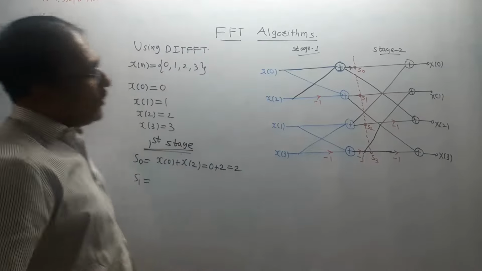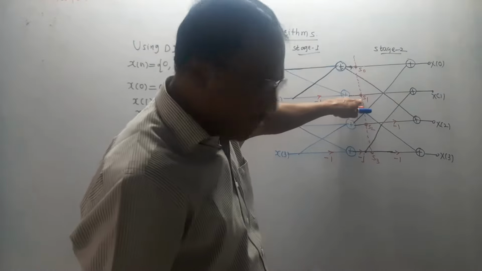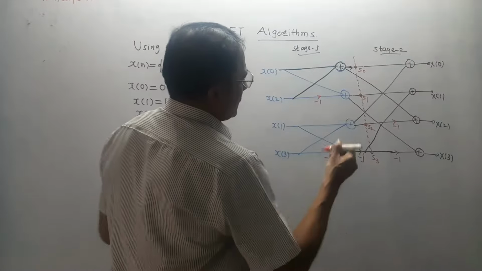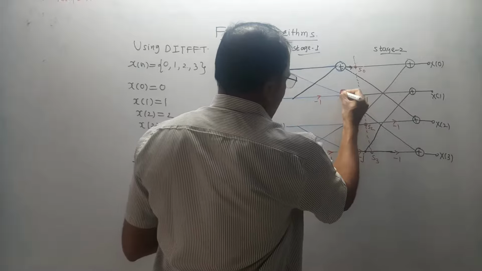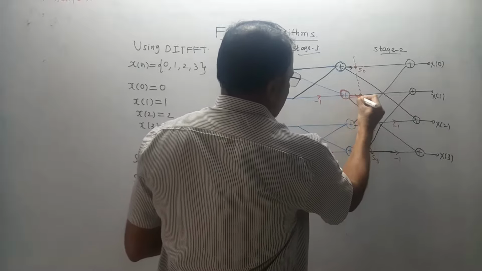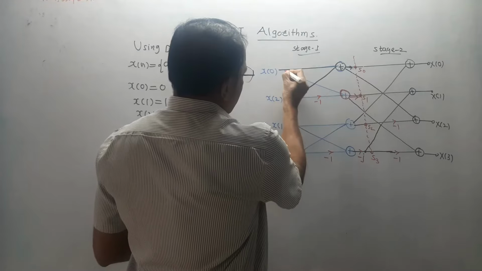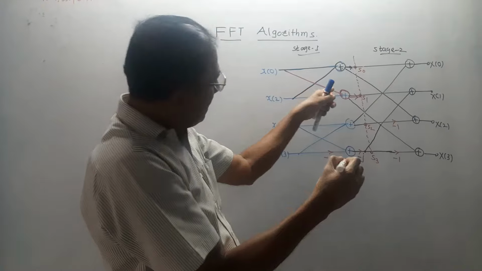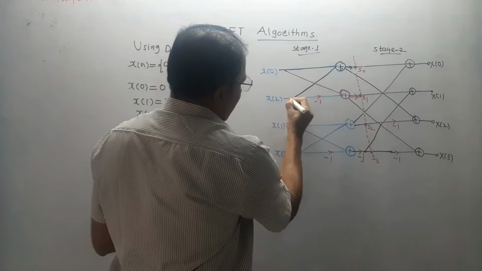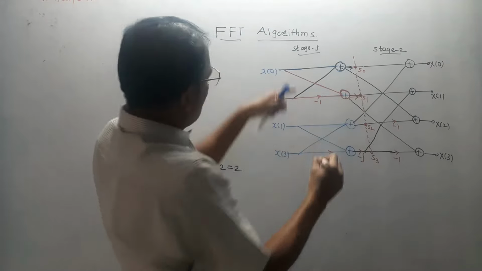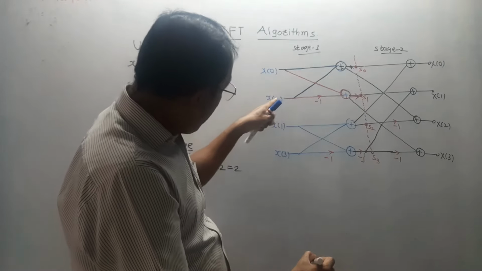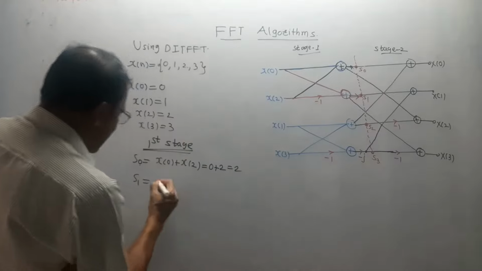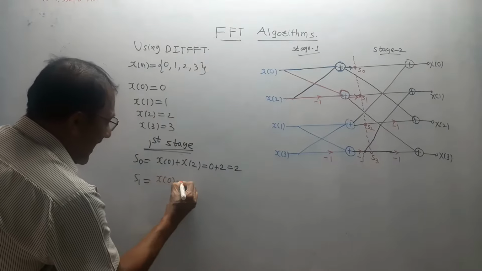Same way, S1. What is S1? S1 is the output of the second adder. Again, for this adder, check the connections. Which lines are connected? I am drawing them with the red pen. This is one line and this is the second line. So it is x of 0 plus x of 2, but this contains a -1 sign, so I will write x of 0 minus x of 2.